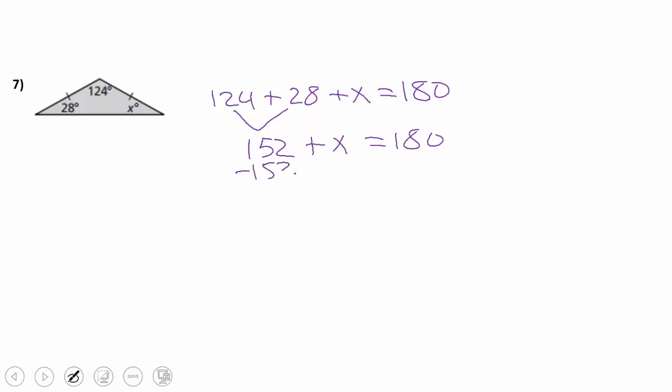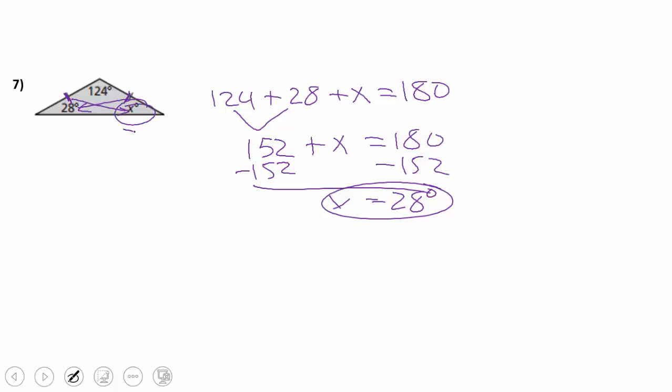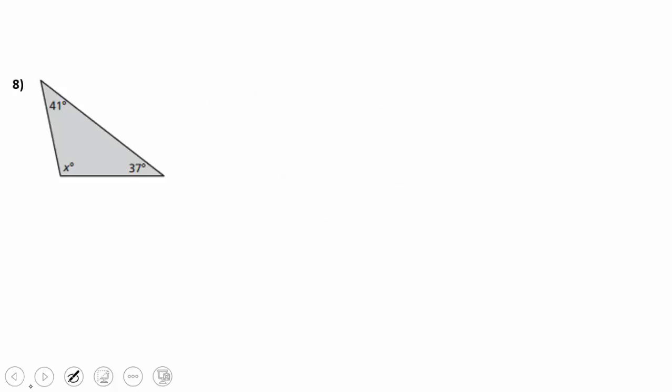Subtracting the 152, we get that x is equal to 28 degrees. Well, once again, that only makes sense. 2 sides are the same, so the opposite angles have to have the same angle measure. All right. Moving right along to example number 8.